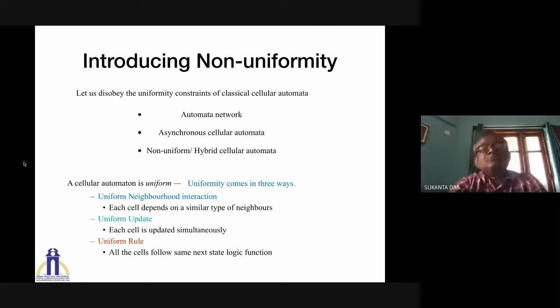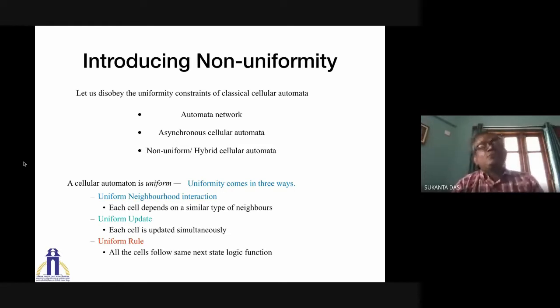Sometimes we call them non-uniform cellular automata. In this way, we are introducing non-uniformity into classical cellular automata. So all these cellular automata are non-classical, because we have compromised some properties of cellular automata.